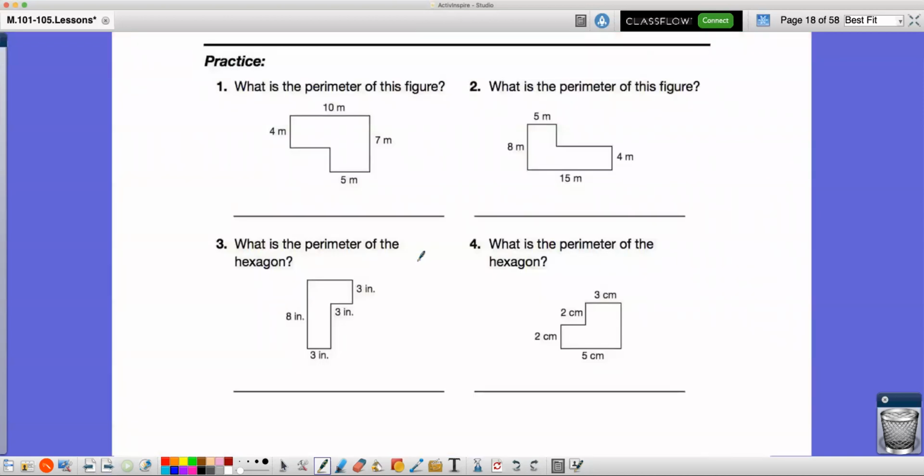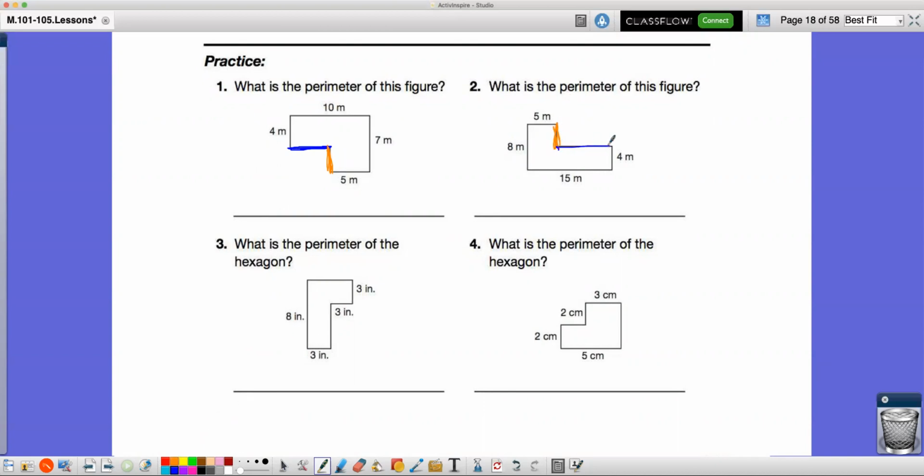Okay, here's your quiz. What's the perimeter of this figure? Remember, this is an unknown space right here. This is an unknown space. And so is this. This is an unknown space here. So don't forget to determine what those are. On this one, it looks like this is an unknown space.